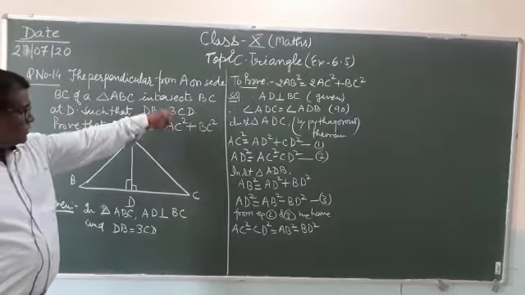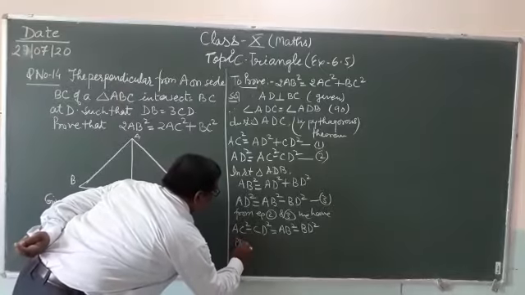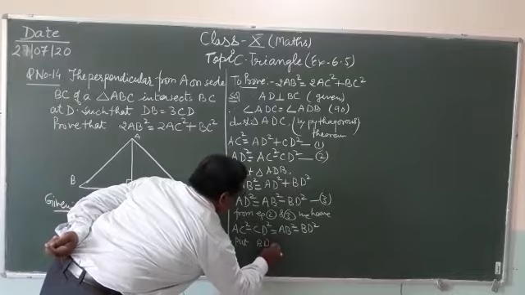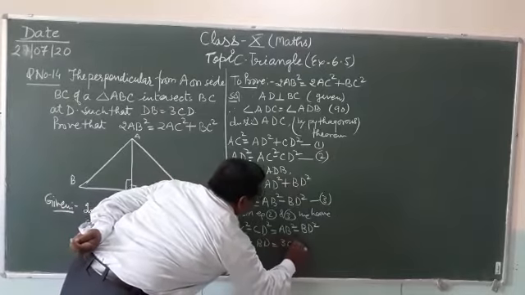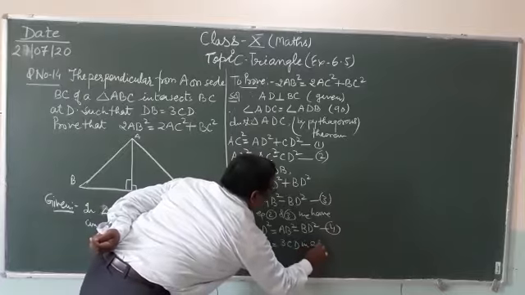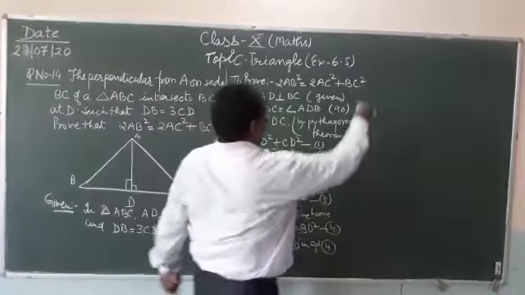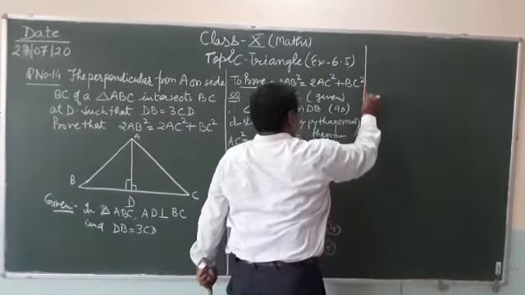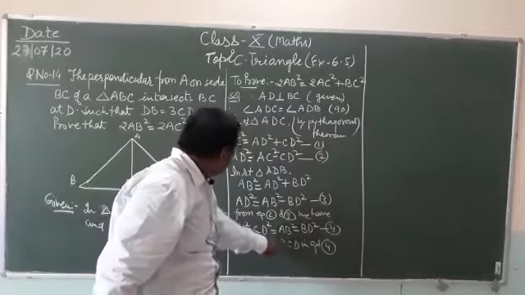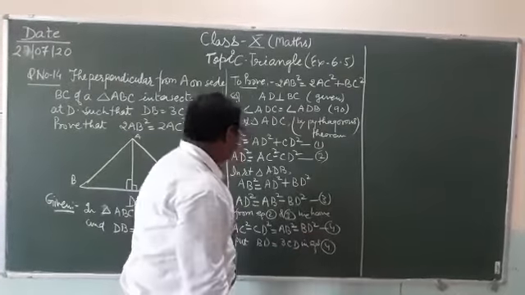BD is equal to 3CD. Now we put BD is equal to 3 into CD in equation 4.